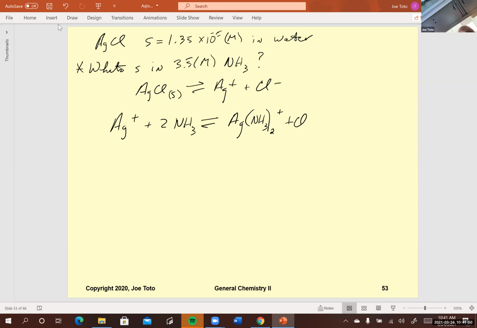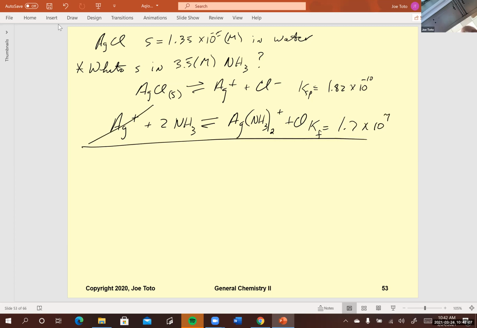I know this Ksp for this reaction equals 1.82 times 10 to the minus 10th because I looked it up. And I know the Kf for this is 1.7 times 10 to the 7.